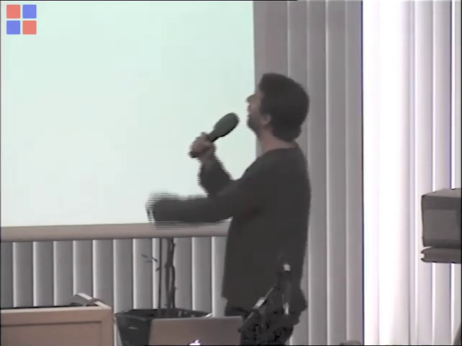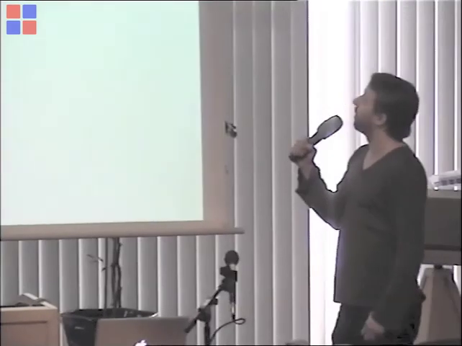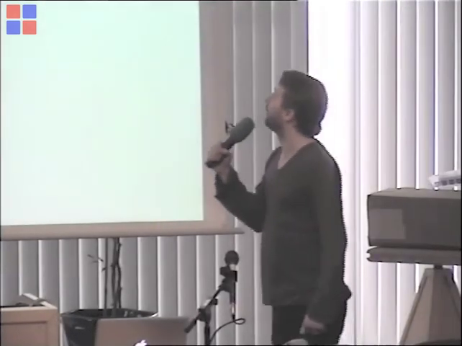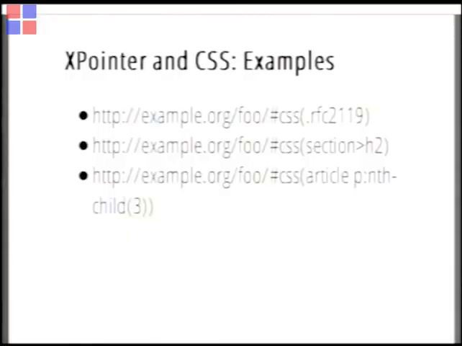So for instance, you could use the CSS XPointer scheme and find, so the first one finds all the elements with class RFC2119, that's conformance classes in the specification. But you could also find the titles in the section. And of course, you could point to the third paragraph in an article, even though it doesn't have an ID.